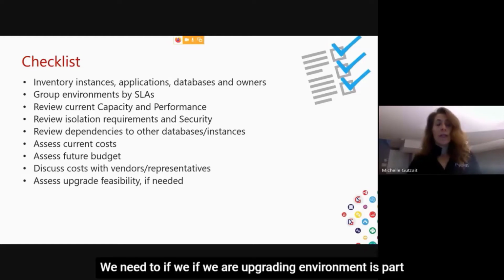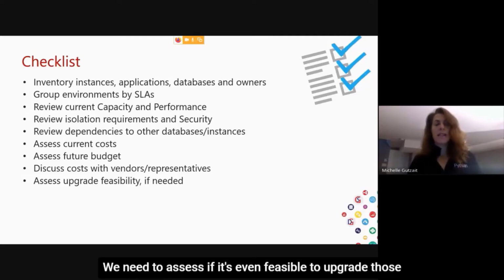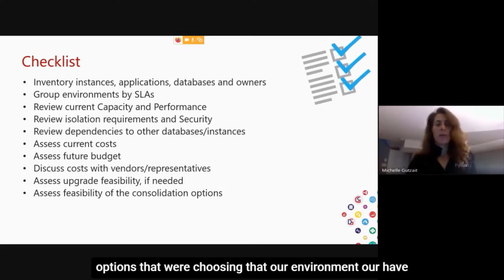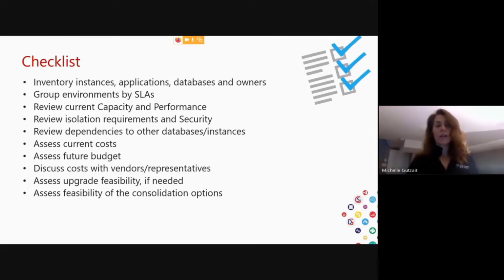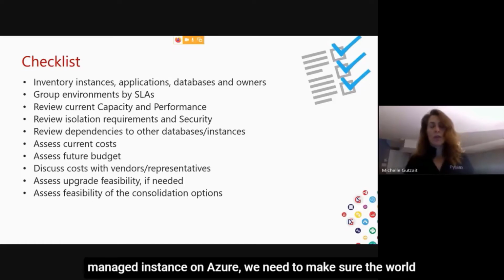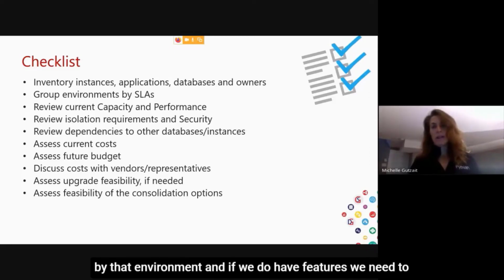If we're upgrading environments as part of our consolidation, we need to assess if it's even feasible to upgrade those environments. We need to verify that the consolidation options that we're choosing have the feasibility for our environment to be migrated to them. For example, if we decided to consolidate databases on a managed instance on Azure, we need to make sure that we're not using features that are not going to be supported by that environment.